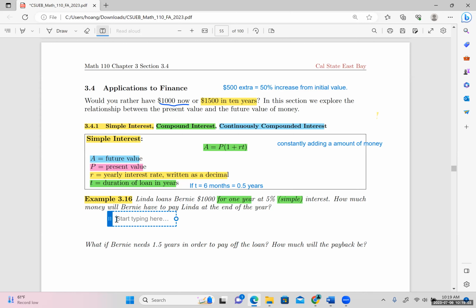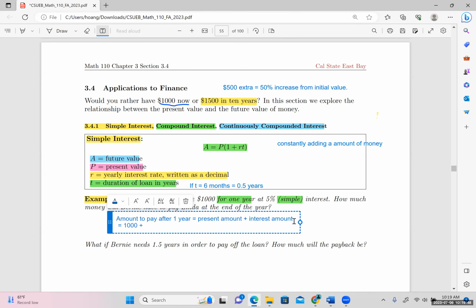So right away, in order to find the amount, you can start with $1,000 at first, right? You add the present amount plus the interest amount, which is the amount to pay after 1 year.